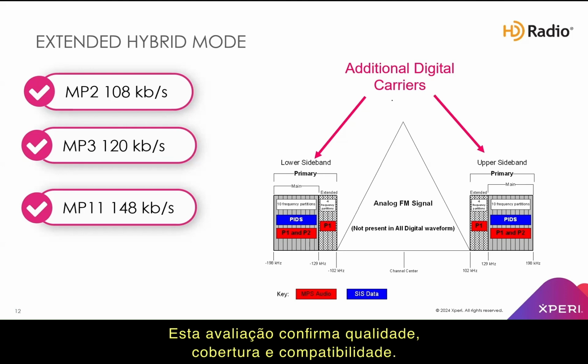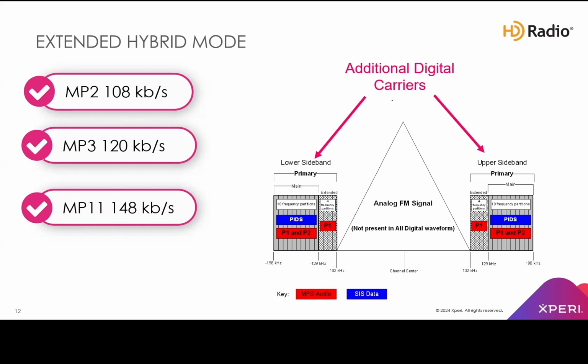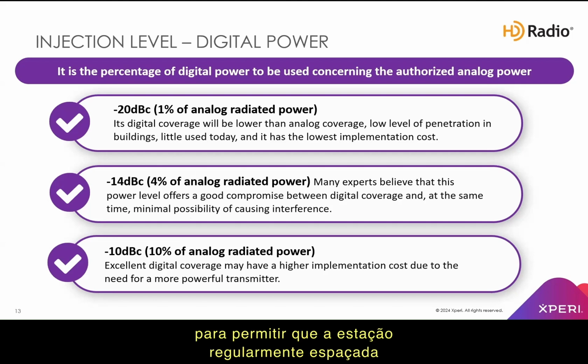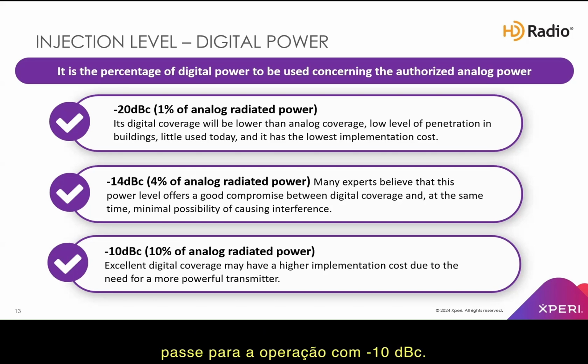This evaluation confirmed quality, coverage, and compatibility. The FCC has approved minus 14 dBc operation for all stations in the US. The FCC is considering a request to allow fully spaced stations to move to minus 10 dBc operation.